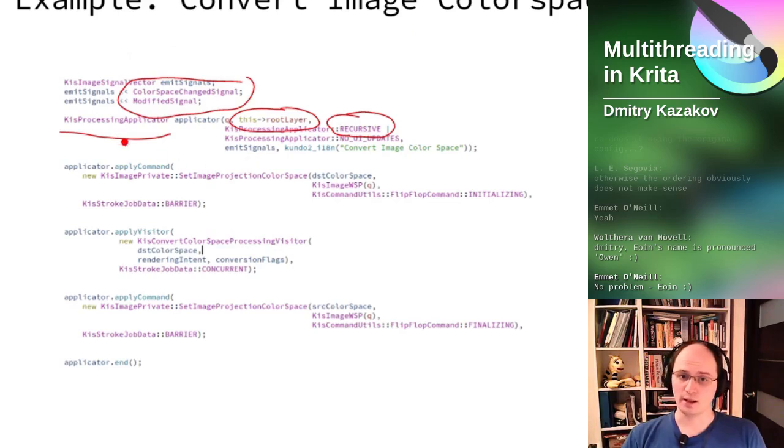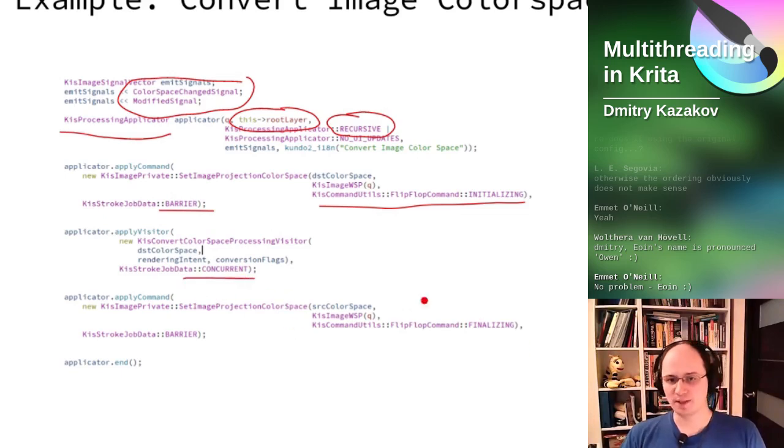Then we add a command to the applicator, set image projection color space. We tell that it is initializing and it is barrier, as I told before. Then we call apply visitor, and we tell that we should convert pixels in a concurrent manner.